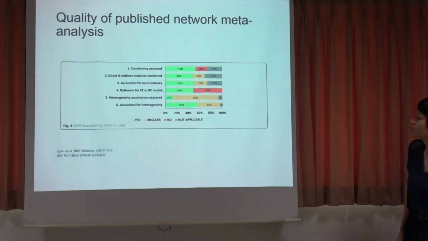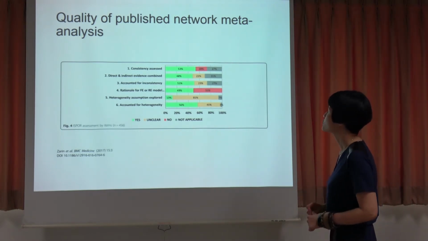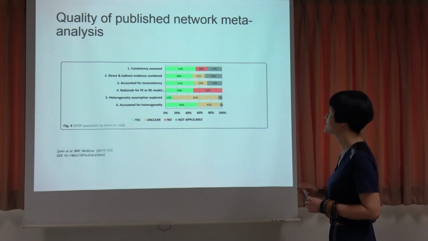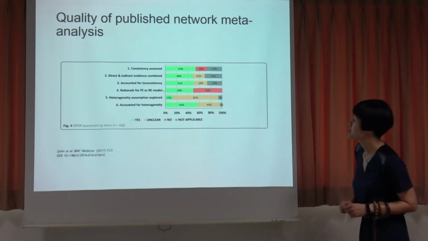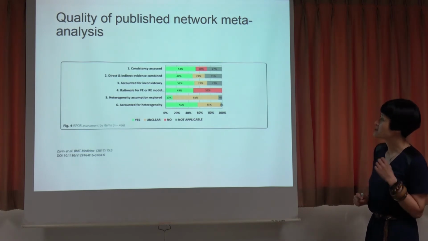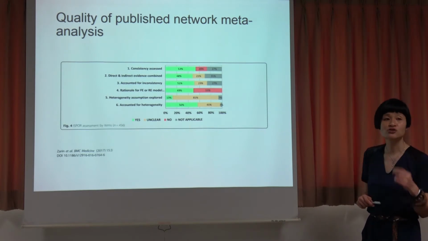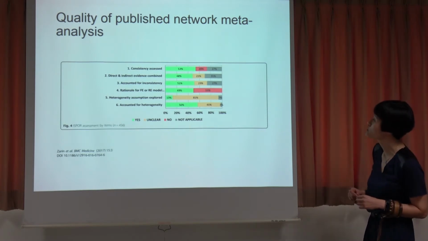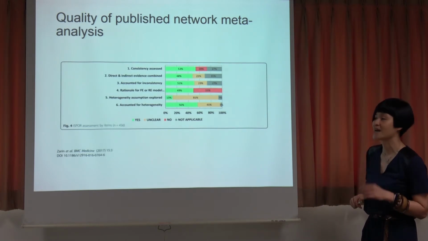More recently, in 2017, there was a study, again surveying published network meta-analyses based on these six criteria: whether consistency was assessed, whether the direct and indirect evidence was combined appropriately, whether they accounted for inconsistency, whether there was rationale for fixed or random effects model, whether the heterogeneity assumption was explored, and whether they accounted for it.